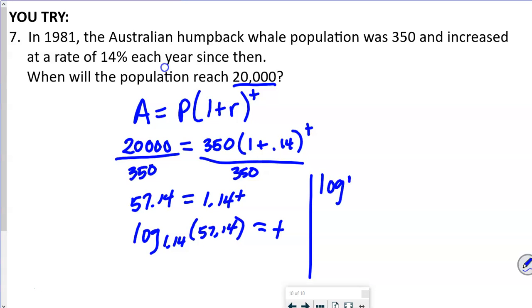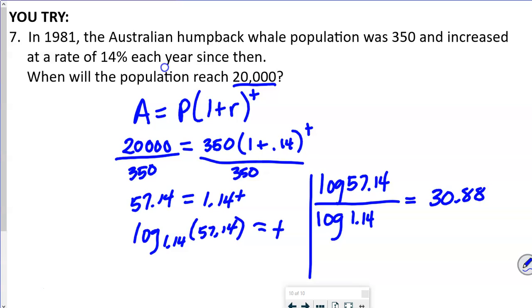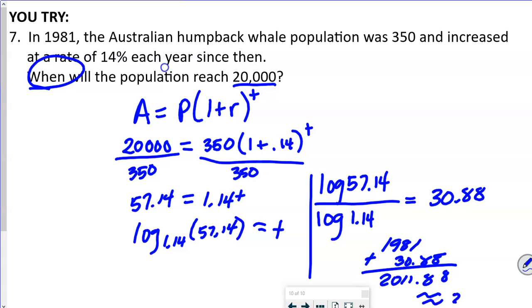Log of 57.14 divided by the log of 1.14. That's going to equal about 30.88 years, and it's asking us when. So that means to get the answer, we need to do 1981 plus 30.88, and that would be 2011.88. So we'll say approximately 2012.